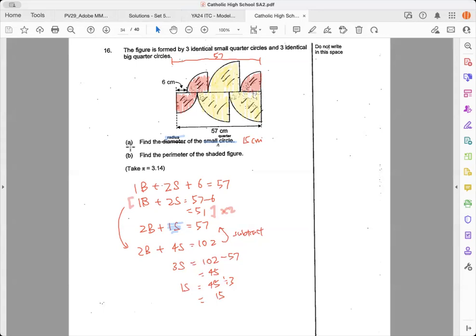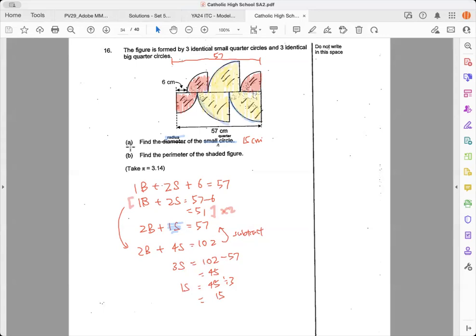Now let's do part B. Part B is a bit tedious. Find the perimeter of the shaded figure. So let me show you the perimeter of the shaded figure. It consists of this and this. Correct?